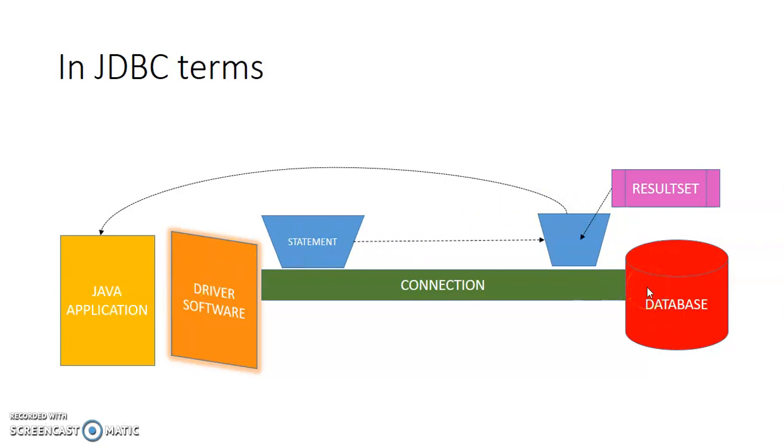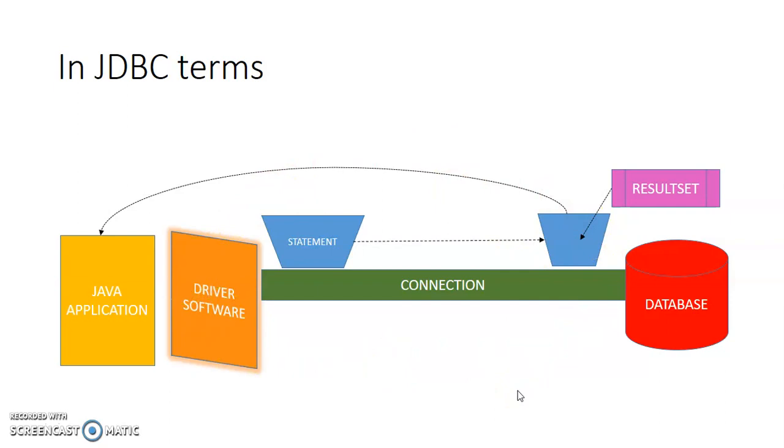So we have to establish a communication mechanism between them, and that mechanism is possible with the help of the JDBC API. API is Application Programming Interface, Java Database Connectivity API. Whatever we have talked about is part of the JDBC API.